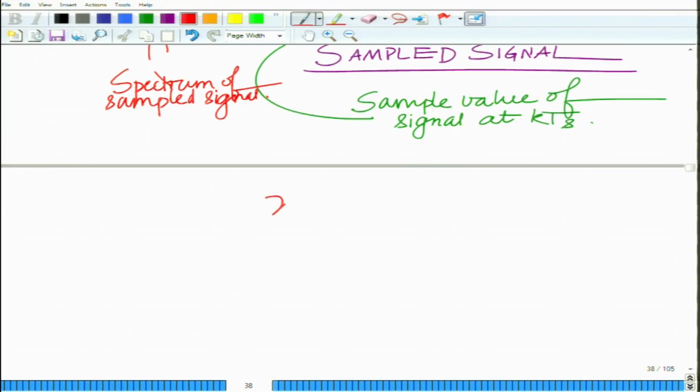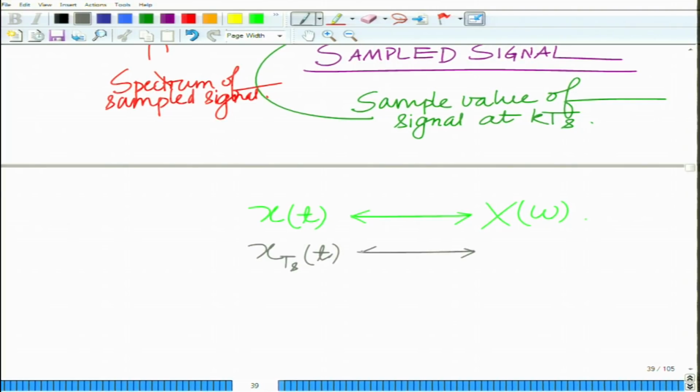That is, if x t has the spectrum x of omega, then what is the spectrum of this quantity x t s, that is the sampled signal? That is the question that we would like to address. So we would like to find the spectrum of the resulting sampled signal.